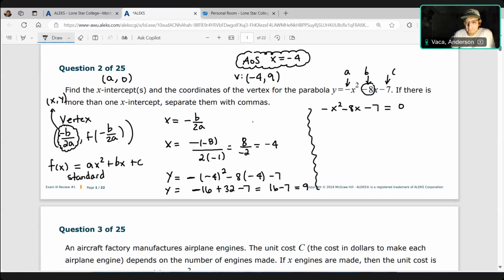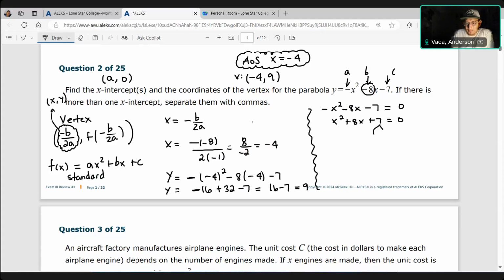I would like to multiply everything by negative 1 because it makes it a little bit easier. Here we're factoring, and this is going to be relatively simple.